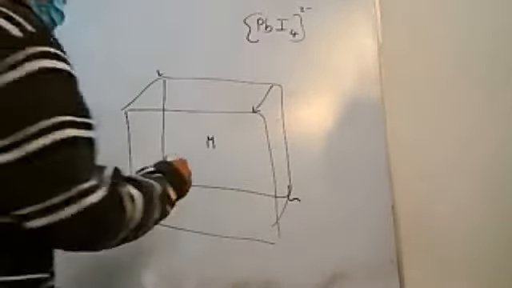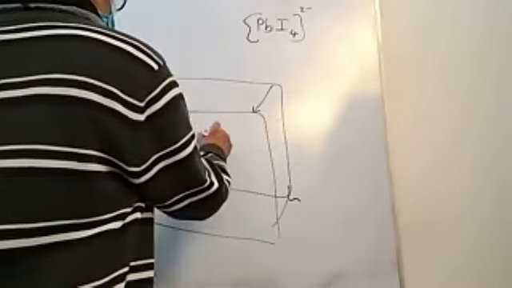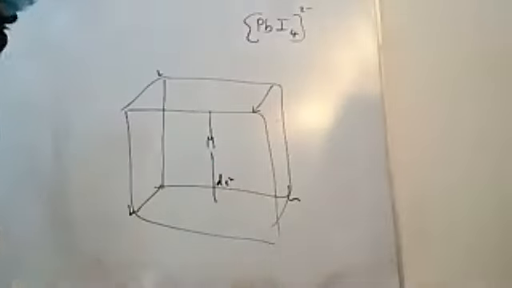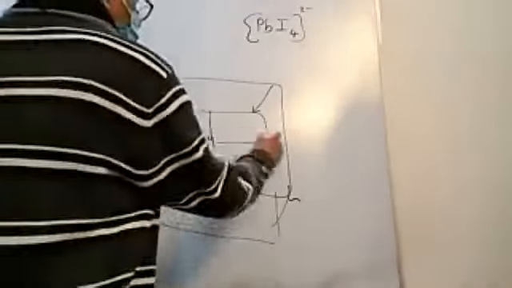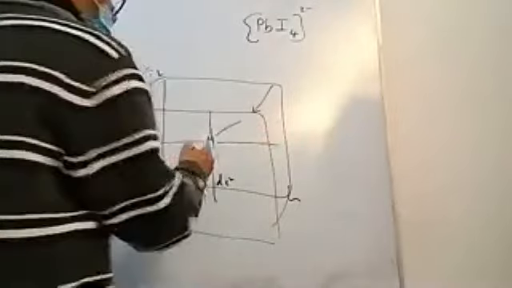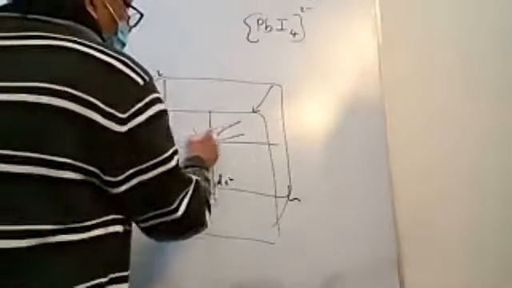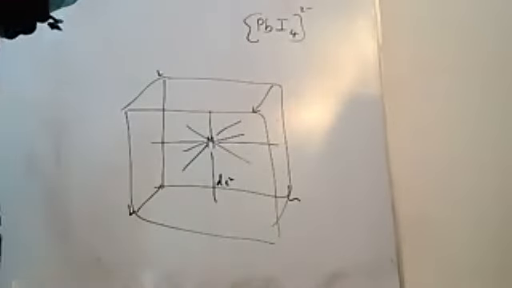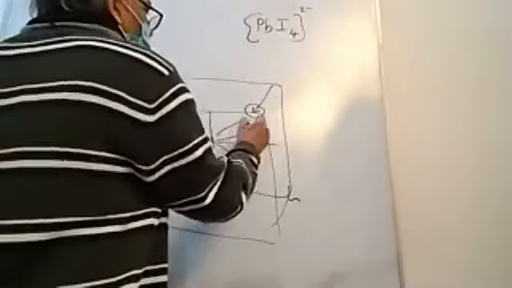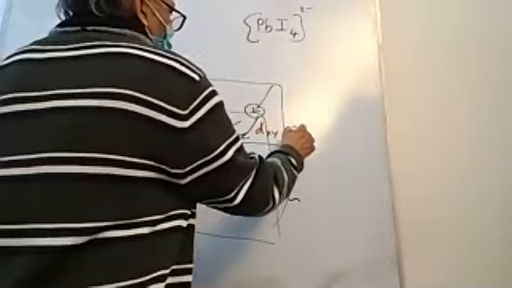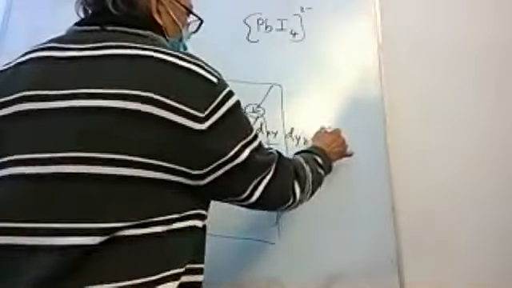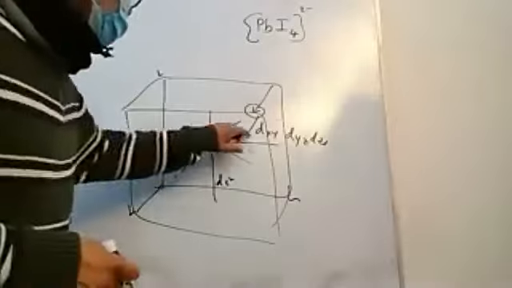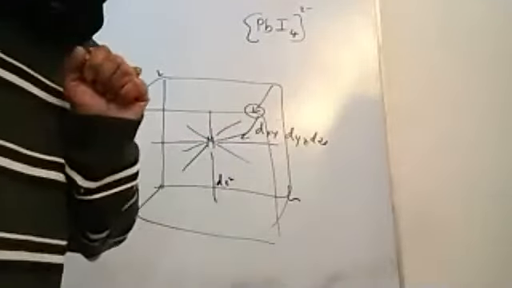Now, if you look at the d orbitals, the dz squared is along this direction. dx squared minus y squared is along this direction. The dxy and yz are in this direction. And if you see, the ligands are maybe closer to xy, yz, and zx. Not really head on, but somewhat closer. And they're completely away from x squared minus y squared and z squared.